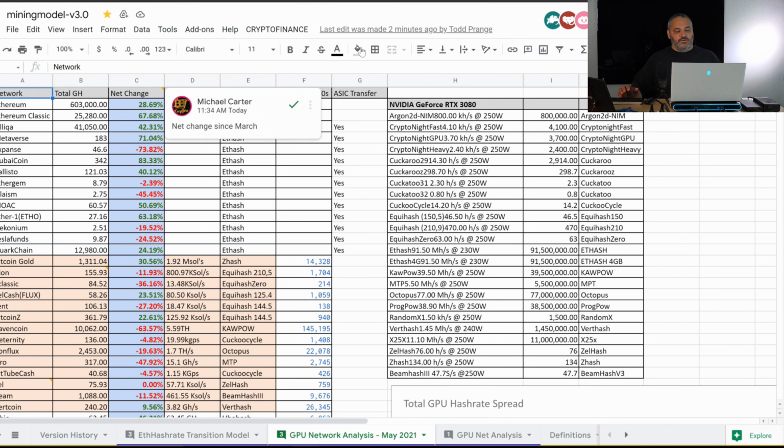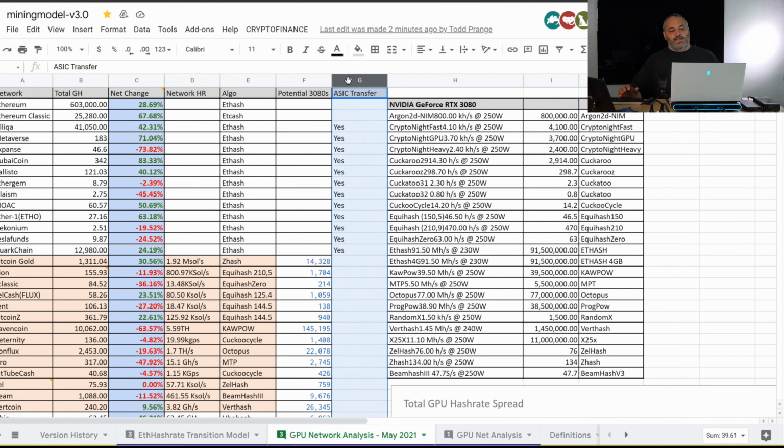Column G is showing, because a lot of people are asking, what happens to the Ethereum ASICs that are on the network right now. Well, all of these that say ETH hash are compatible with those mining ASICs. So if you have a 2.6 gigahash ASIC, you could mine these other ETH hash coins because these had not made other changes.